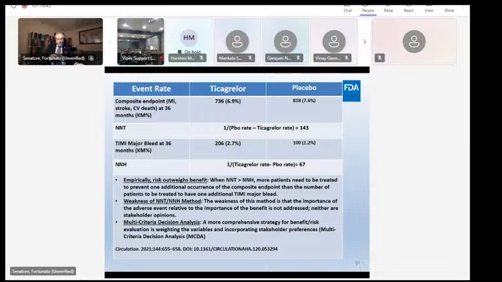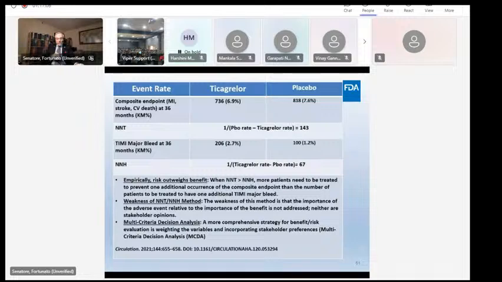You need a weight that weighs the importance of each of these variables that go into the benefit versus the risk. And on top of that, this is a new thing that's been going on with the FDA. It's called the multi-criteria decision analysis. And in plain English, that means we are looking to see how people feel about the benefit and the risk.